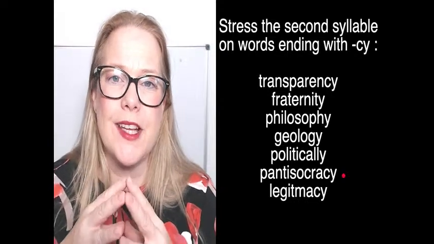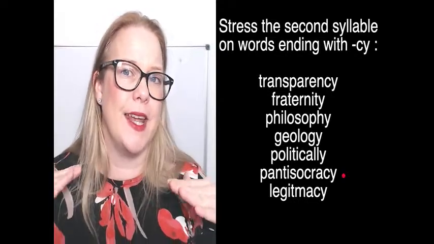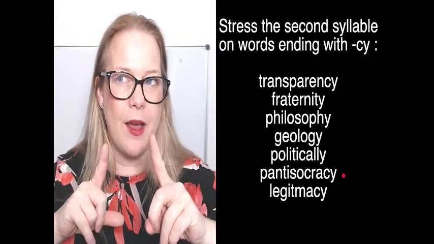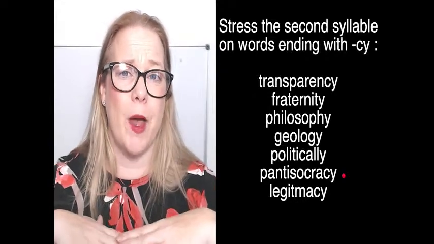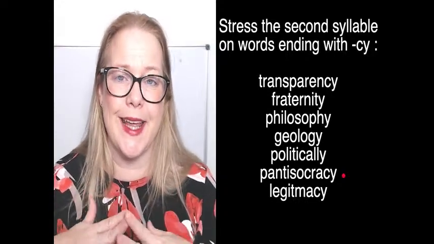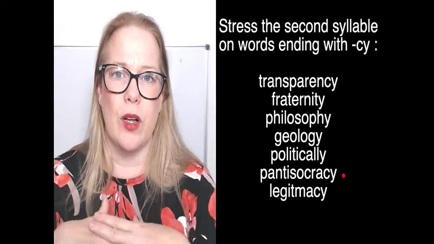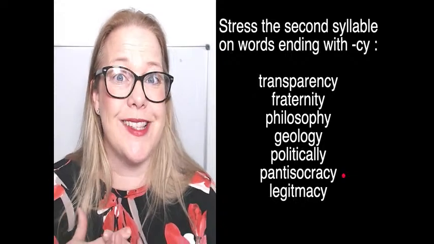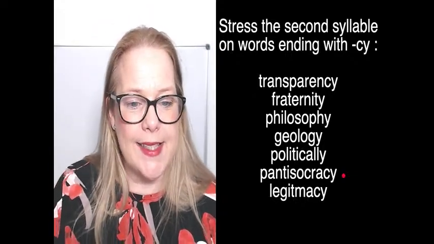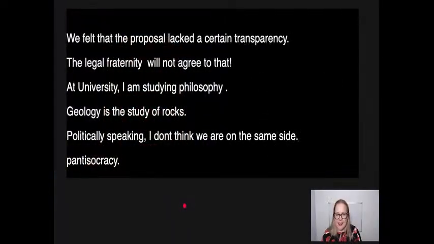And within this group, everybody is equal. That's the big part of being part of a pantisocracy, that everyone is equal, everyone makes the decisions together. Okay, so let's have a little look at this.